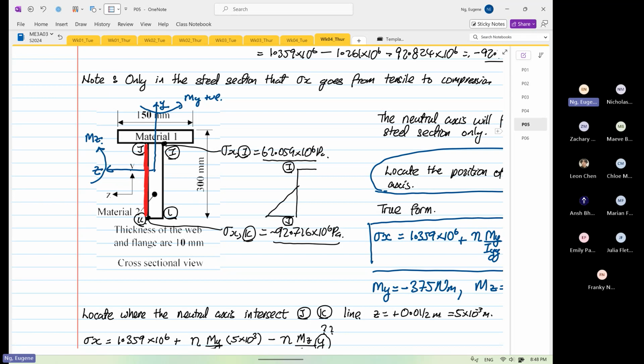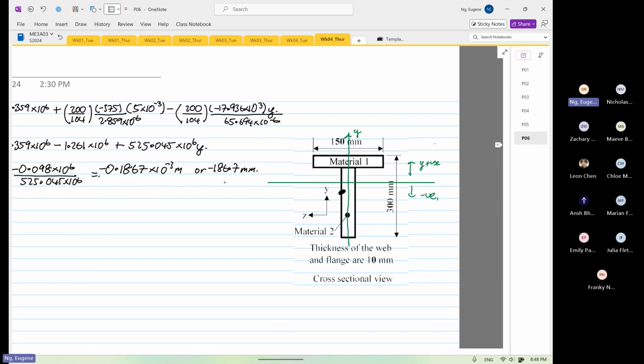It will tend to intersect. So this is our centroid, right? It tends to be at the lower end. That's why I say minus is good. Okay, if it's plus, I'm not saying it's wrong. You have to check.